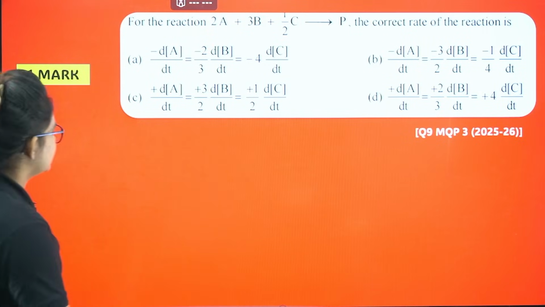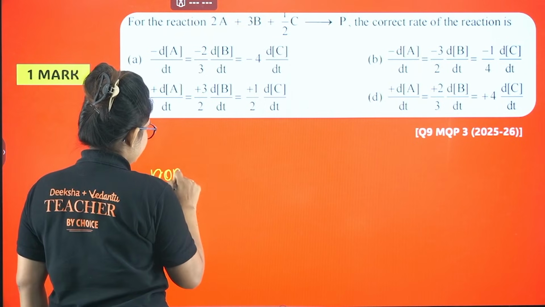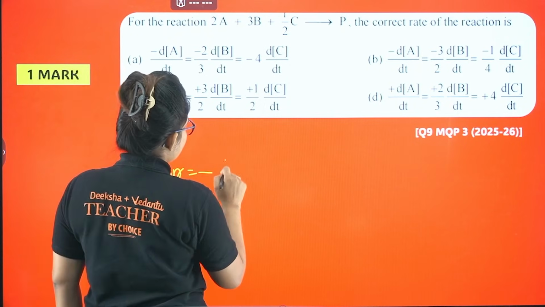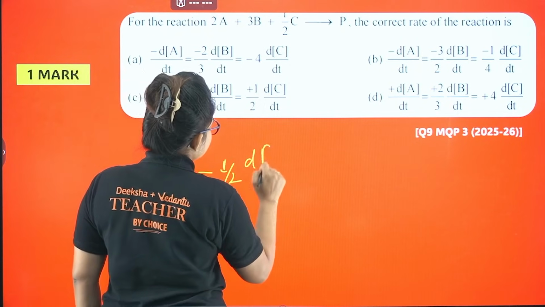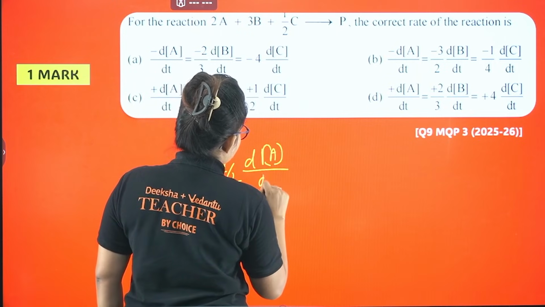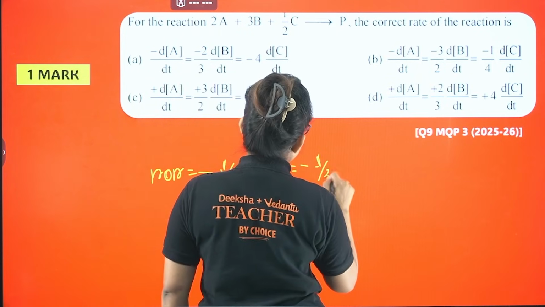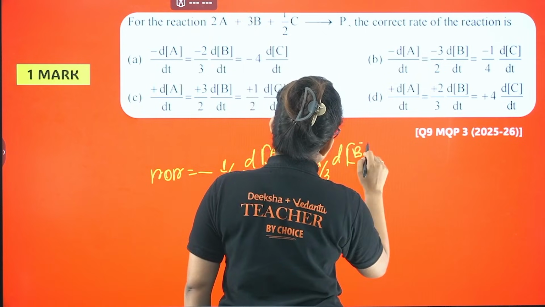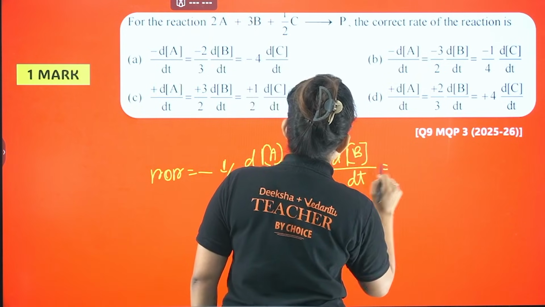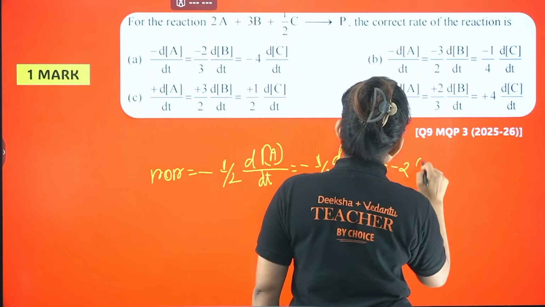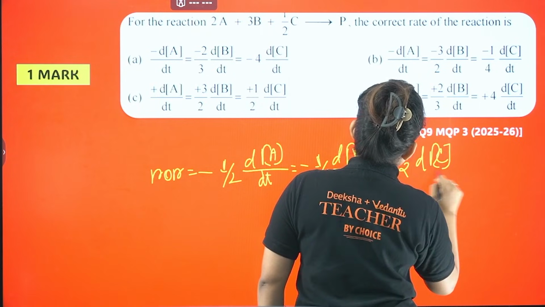Okay, for this particular problem, ROR, rate of reaction, is basically equal to -1/2 dA by dt equals -1/3 dB by dt equals -2 dC by dt.